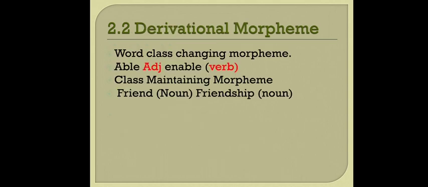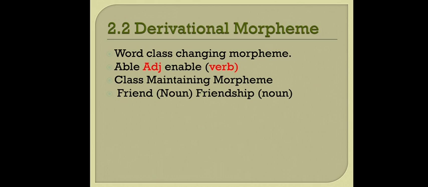Derivational morphemes are also of 2 types. Derivational morphemes make your suffixes, your prefixes, your infixes. These all are derivational morphemes. First, word class changing morphemes. A morpheme that changes the word class, the part of speech of the word, you can call a word class changing morpheme.